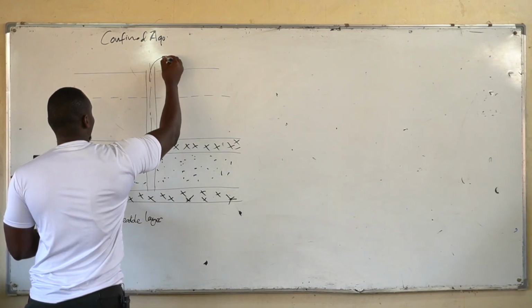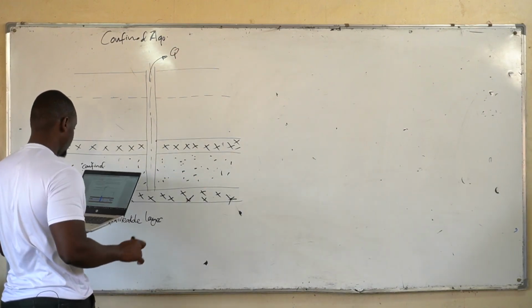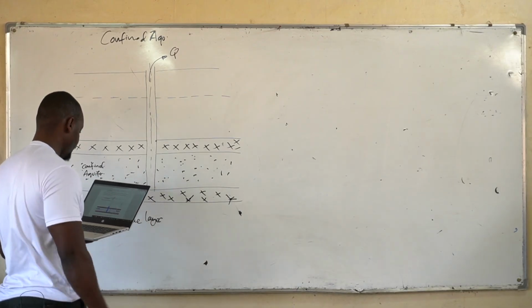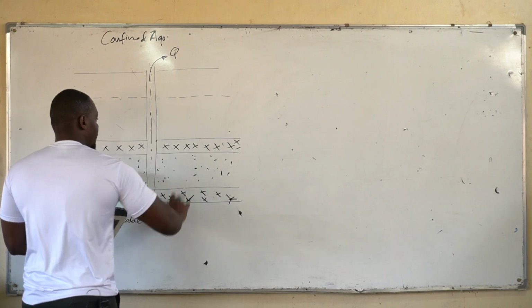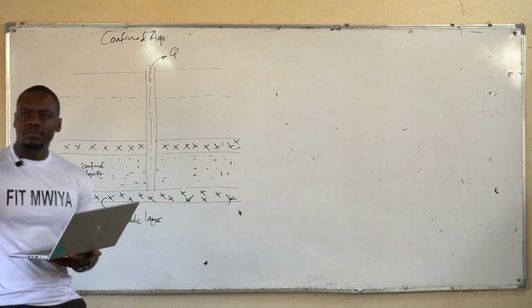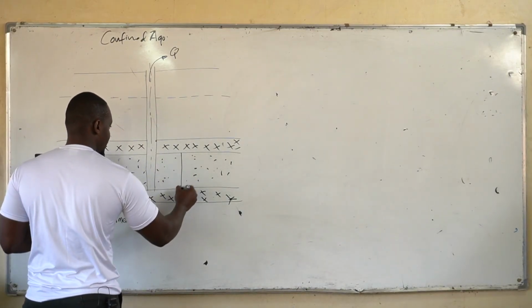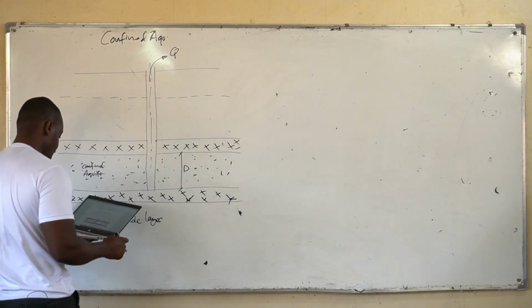What you're extracting out is our Q, and we saw that from the equation. The depth of your aquifer is the one that sits here, and it's denoted just as a capital D.